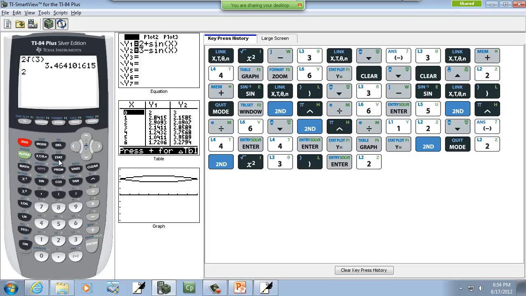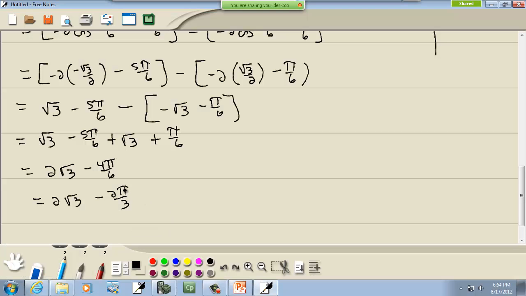Let me just see. 2 pi divided by 3. Okay, it isn't 4. What am I thinking? That's 3, that's 6. Oh, that is 2. Okay, I'll wake up here eventually.